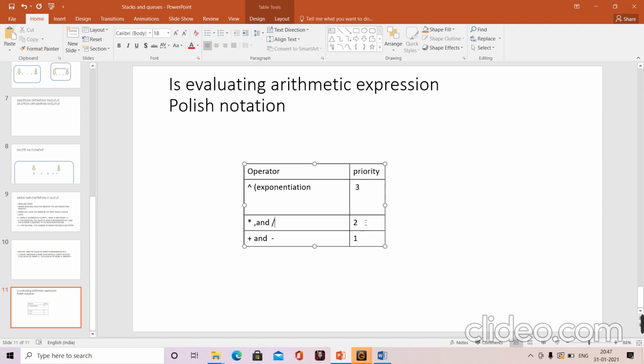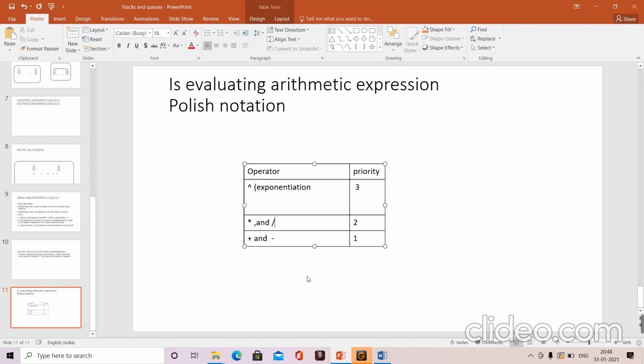So what we are going to do is scan the given expression from left to right, and the operator which comes first will be evaluated first. All right, so this property is called associativity, which we already studied, right. And we have assumed left to right associativity for all our operators.